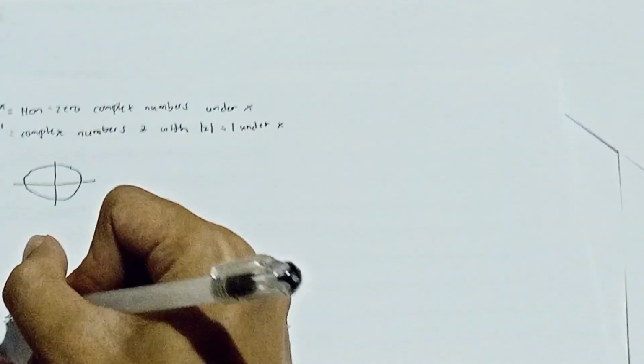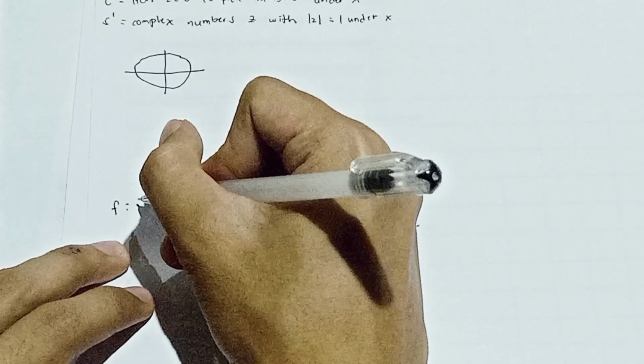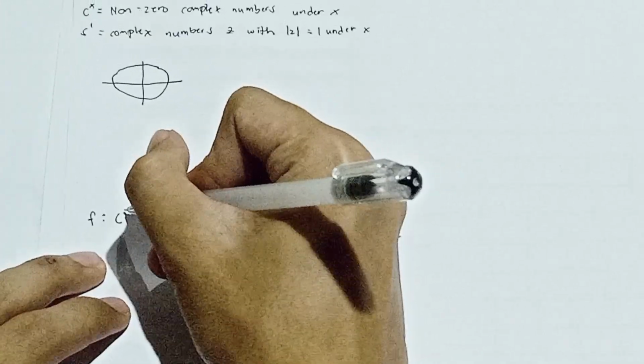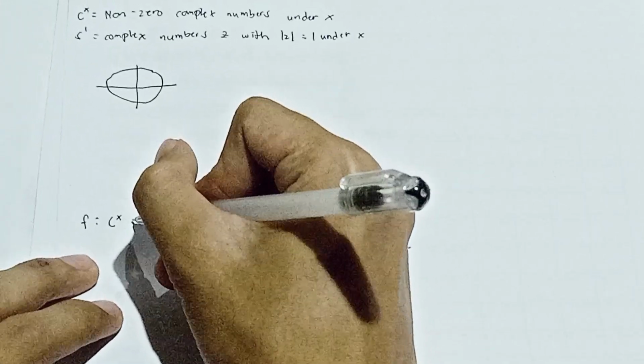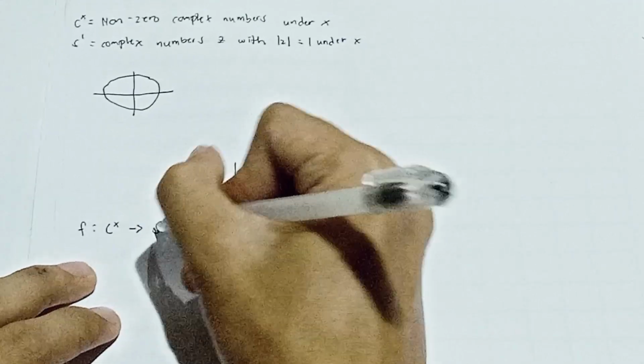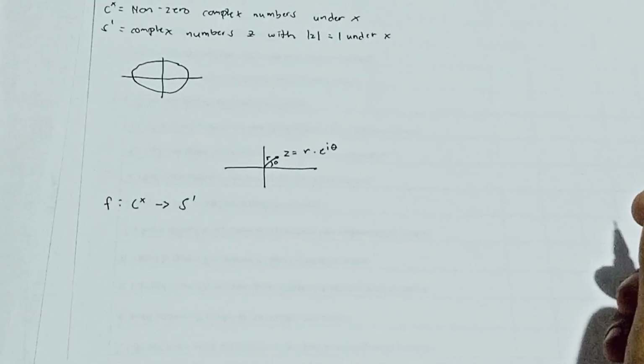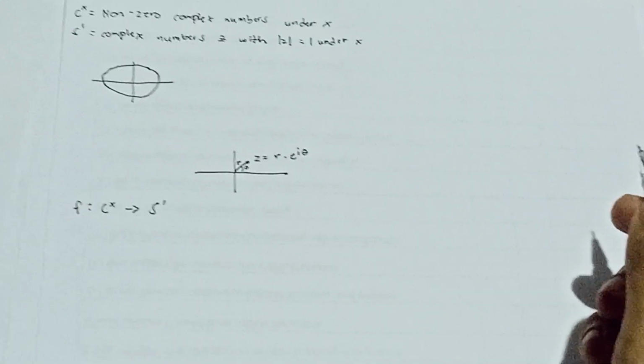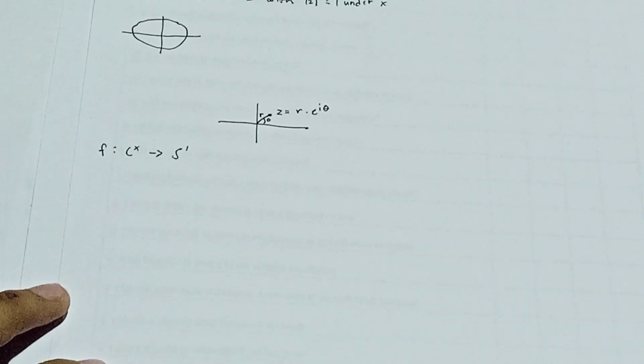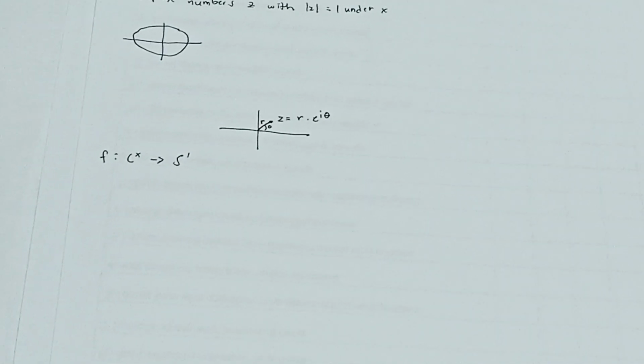So f goes from C to the power of x to S to the power of 1, and the function is f of r times e to the i theta equals e to the i theta.